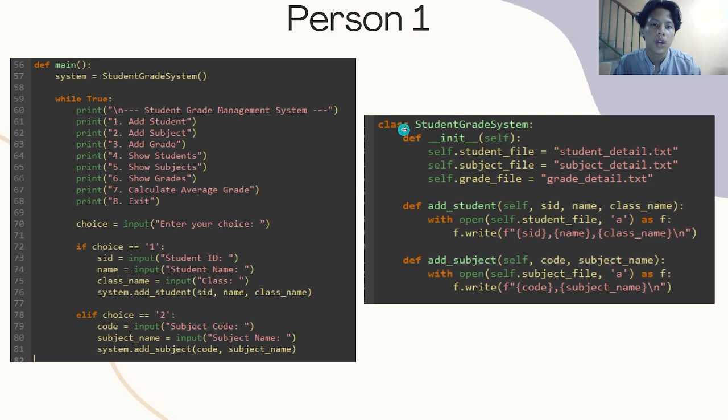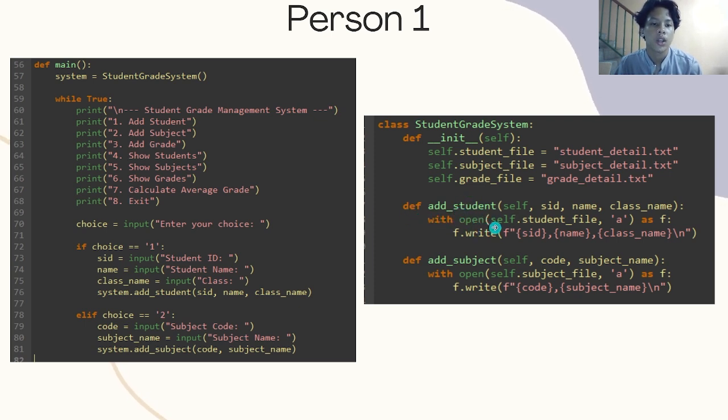So this is our class, and inside StudentGradeSystem there is a function named __init__ with self. This is for us to declare the student file for txt. We are using self.student_file, and we can use it in the whole program. The next one is the function add_student.